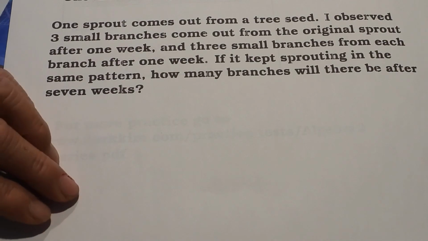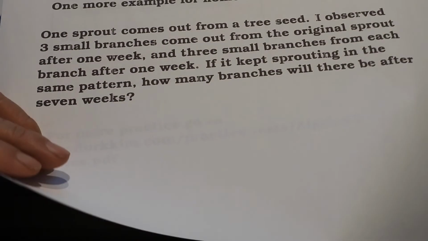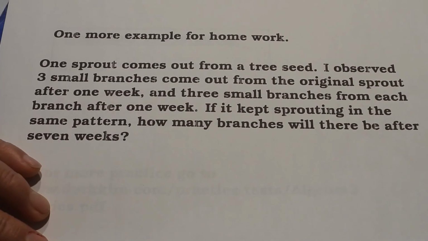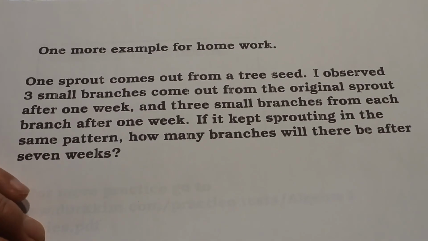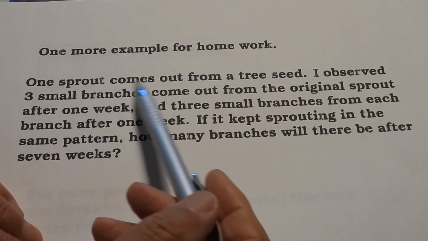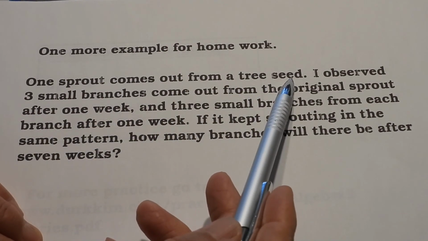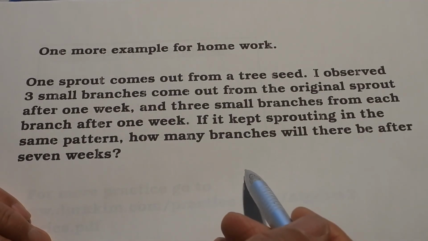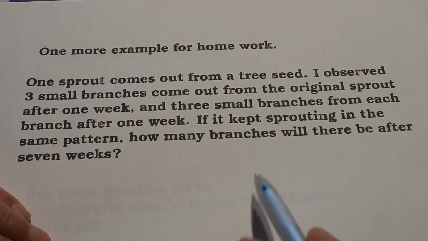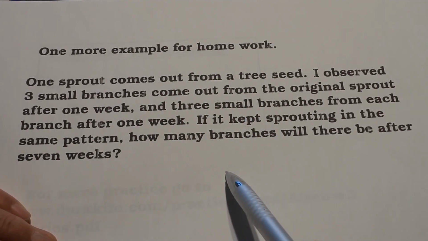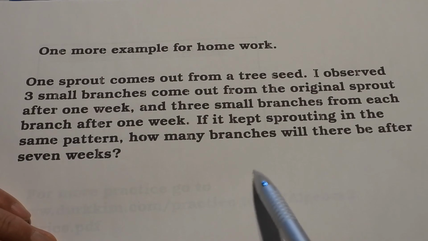Now, another practice question here. 1 sprout comes out from a tree seed. When you put the 1 seed on the ground, 3 small branches come out. And then 1 week later, from each branch, another 3 of them come out.